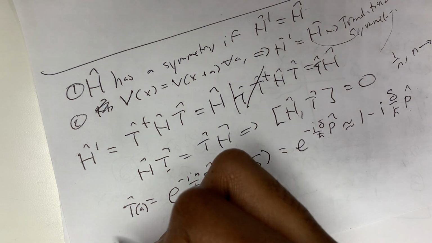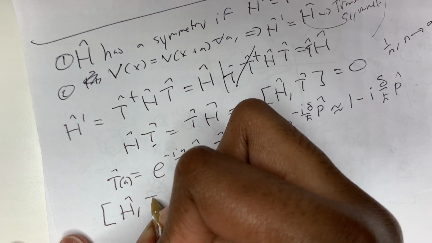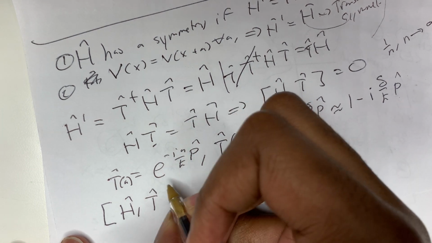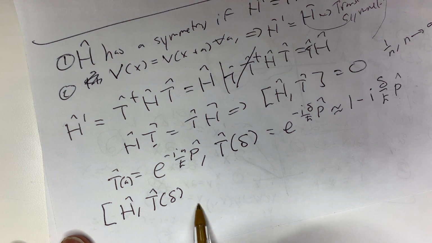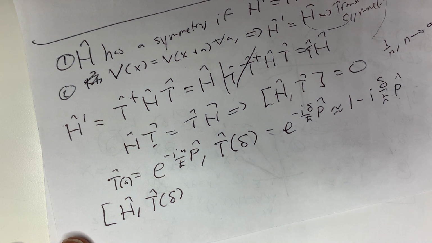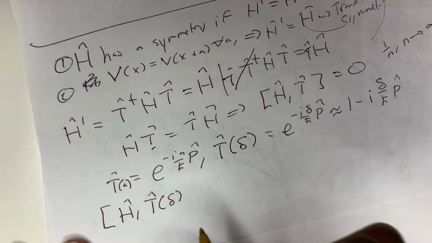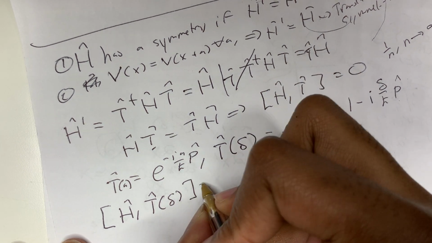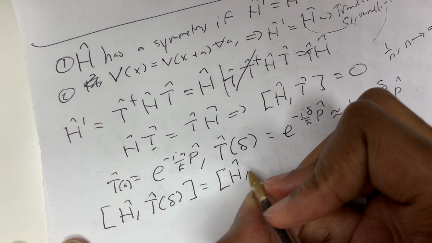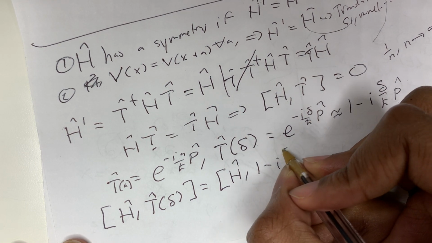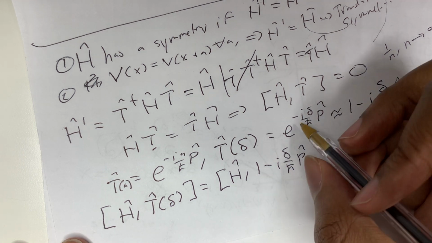So the commutator of the Hamiltonian and this translational operator, the infinitesimal one, should commute, because we have a continuous translational symmetry of the entire potential. This operator is approximately 1 minus i epsilon over h bar p hat.